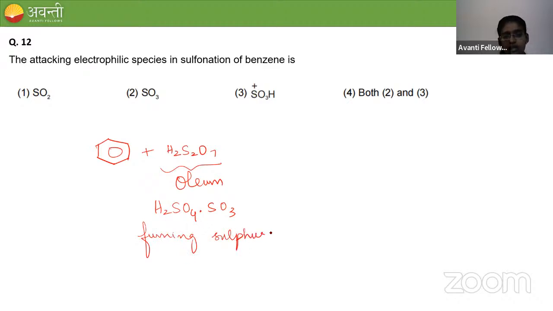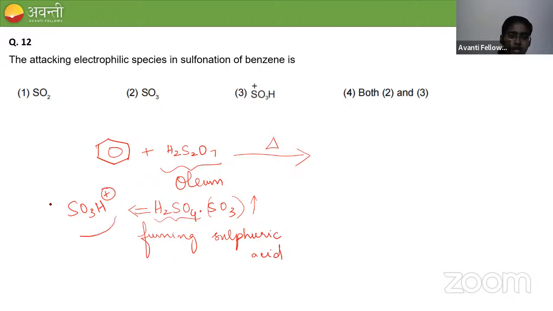Why it is called as fuming sulfuric acid? So this SO3, sulfur trioxide, is a gas, right? So only the sulfuric acid part will be there. And from this sulfuric acid part, on heating this, we'll get SO3H plus as an electrophile.